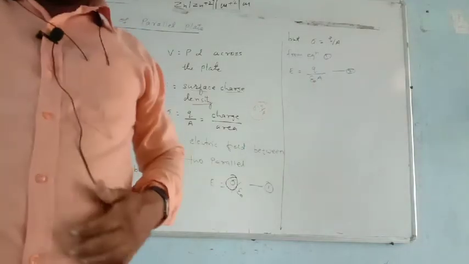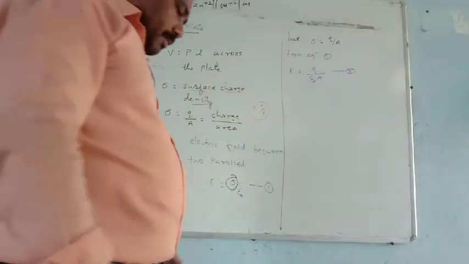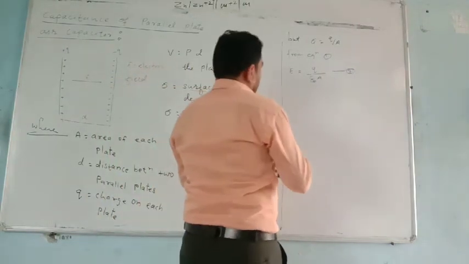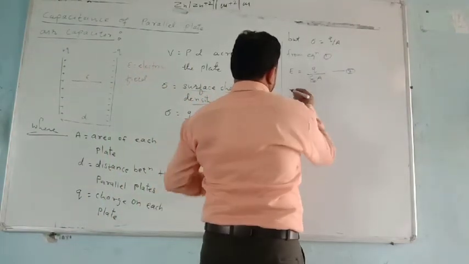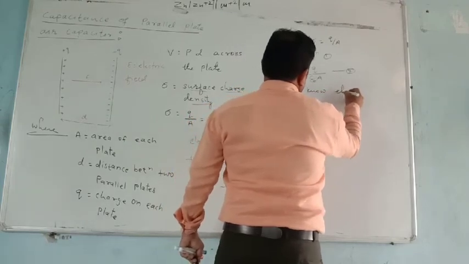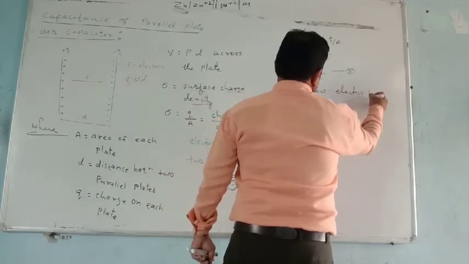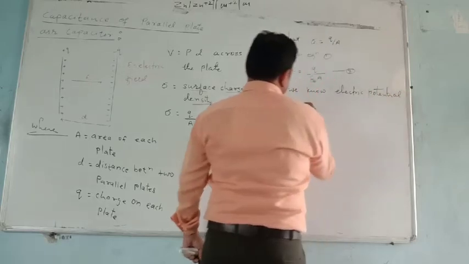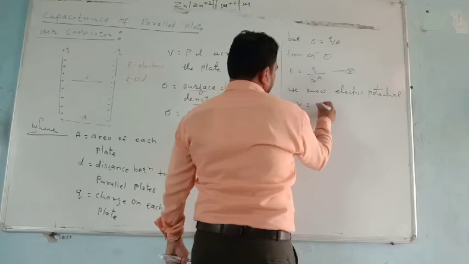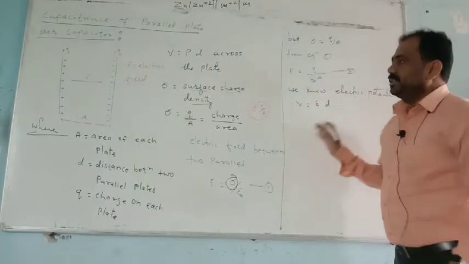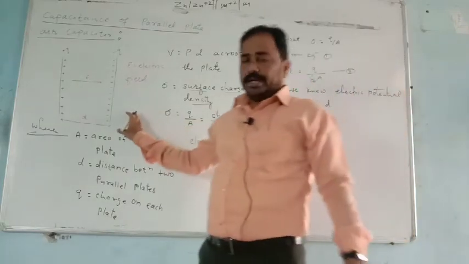But electric potential can be calculated by using another formula. We know electric potential V is exactly equal to electric field intensity multiplied by the distance between two parallel plates.